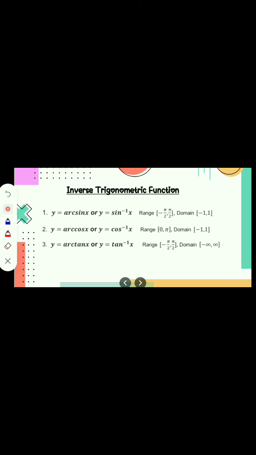Okay, y equals arc cosine x, or y equals cosine inverse of x, and the range is the closed interval 0 to pi, and the domain is the closed interval negative 1 to 1. Last one, we're going to look at y equals arctan x, or y equals tan inverse of x, and the range is the closed interval negative pi over 2 to pi over 2, and the domain is the closed interval negative infinity to infinity.